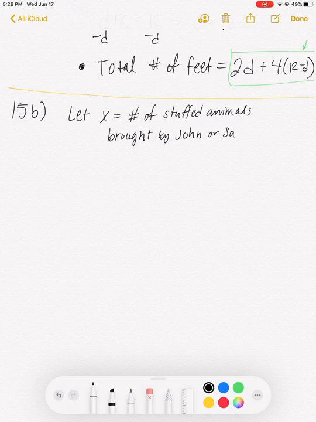We're using one variable for John and Sarah because they both brought the same amount. And then a different amount of stuffed animals, so both x and y are referring to stuffed animals.